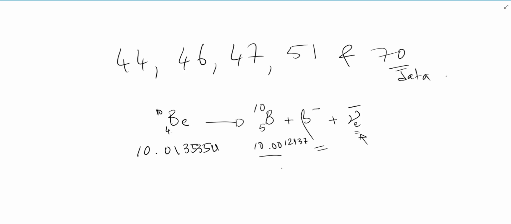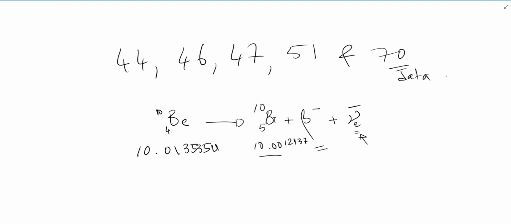Anyway, we're going to add the mass of the electron, because that's what the beta minus is, to that of the boron, but this is also included in it.